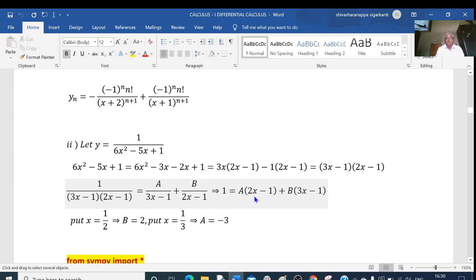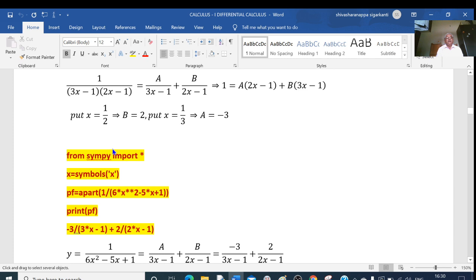This becomes 2 by 3 minus 1. 2 by 3 minus 1 is minus 1 by 3. So that is 1 equal to a by minus 3, or minus a by 3 we can write. Or that gives a equal to minus 3. So we have b equal to 2 and a equal to minus 3. So this can be written as minus 3 by 3x minus 1 plus b, means this is 2 divided by 2x minus 1.